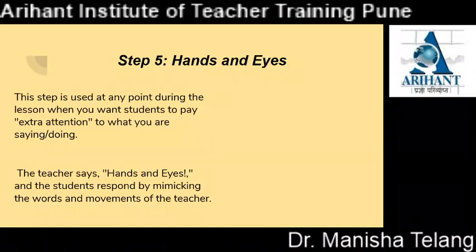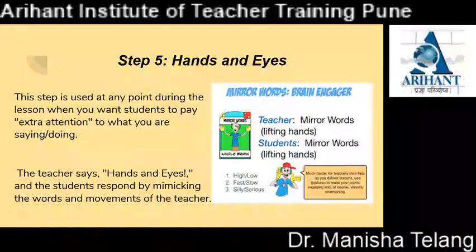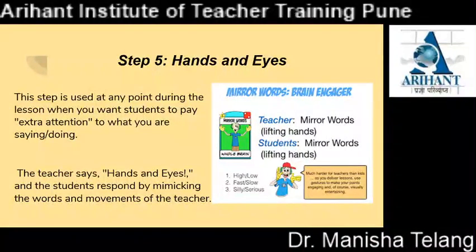To begin this process, the teacher says "hands and eyes," and the students respond by repeating the word and action of the teacher. This step is focused on the drilling of the content.